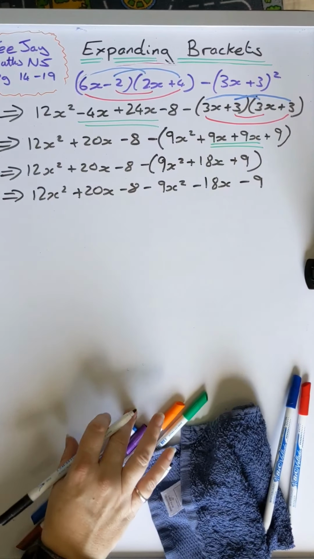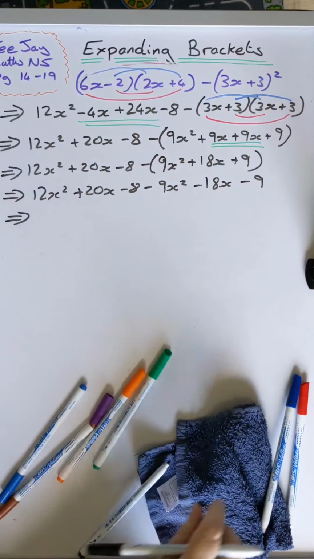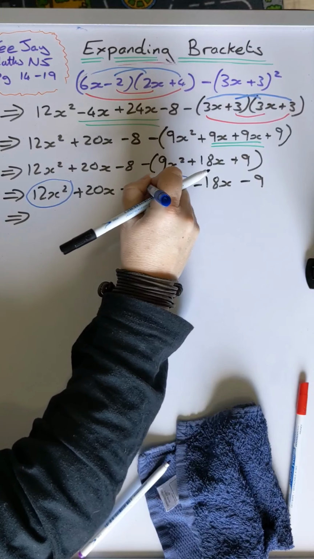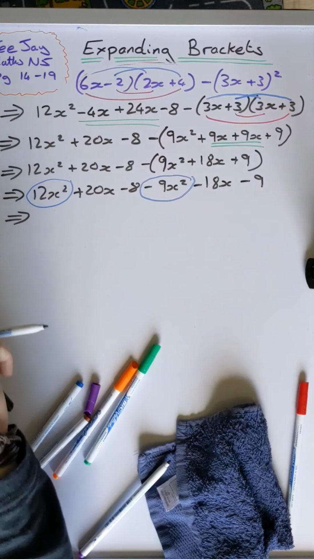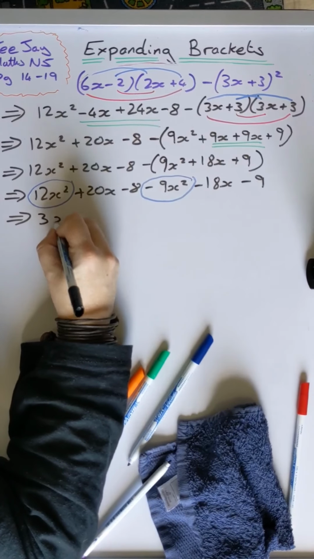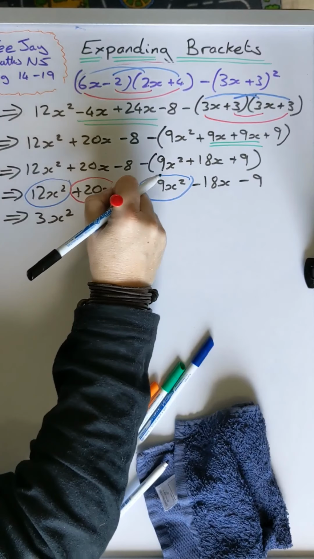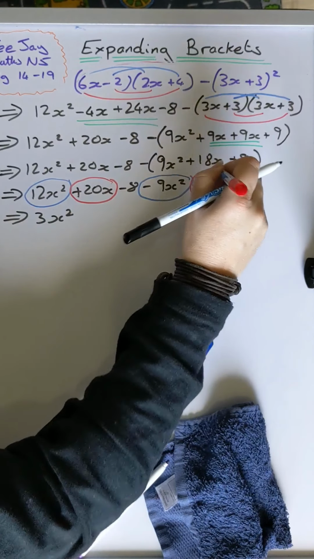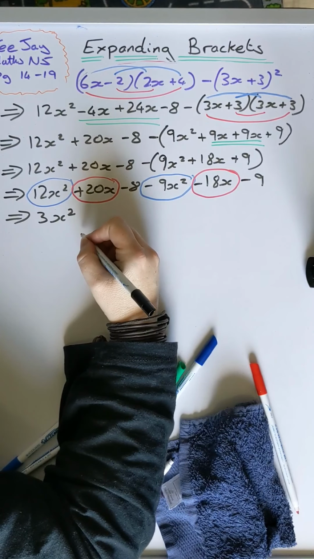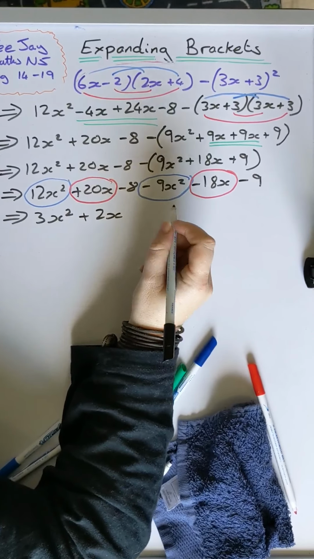And now I need to tidy up that mess. So I have got, I'm going to keep track here, 12x squared minus 9x squared. 12 minus 9 is 3, x squared. Plus 20x minus 18x. 20 take 18 is 2, so that's plus 2x.